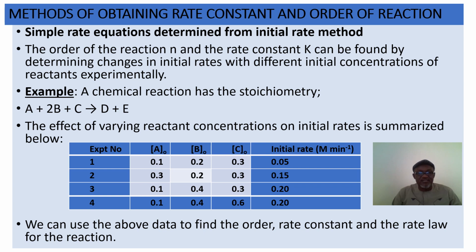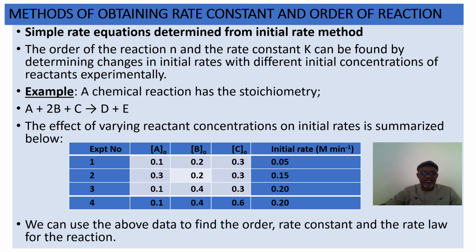So what that means is that if we have some reactants, let's say reactant A, B, and C, we can keep reactant A and B constant and vary the concentration of C. Whatever happens to the initial rate of the reaction will be as a result of that particular concentration we have varied. Then we'll do another experiment, hold B and C constant and vary the concentration of A. Just like that, so that we'll be able to record the initial rate and then use that to calculate.